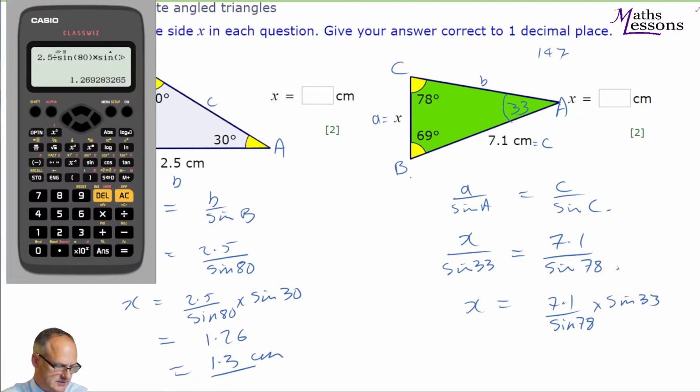We grab our calculator, so we do 7.1 times by, or divide by we'll do first. It doesn't really matter the order between times and divide. So we're going to divide by sine of 78. And then we're going to times by the sine of 33.